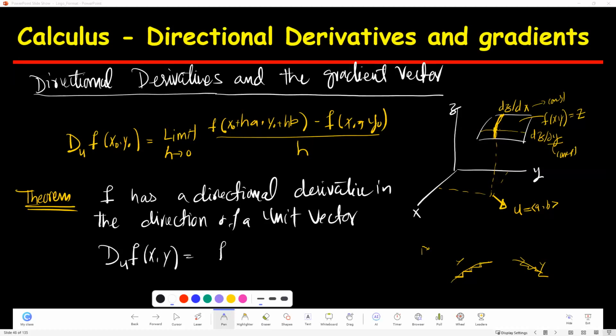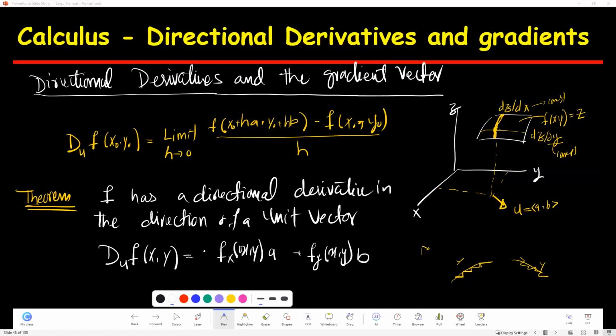You're going to take the partial derivative with respect to x, and then the partial derivative with respect to y. This is my function, don't forget. And I'm going to multiply with the unit vector x component and unit vector y component. And that's about it. That's all we have to do in directional derivatives.